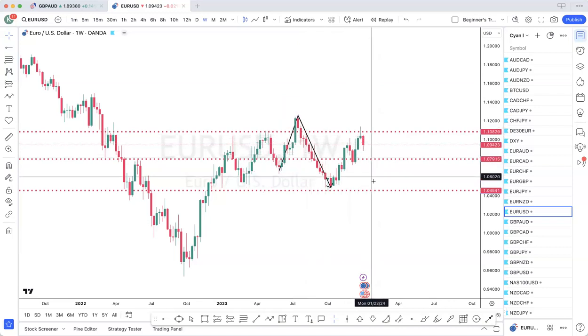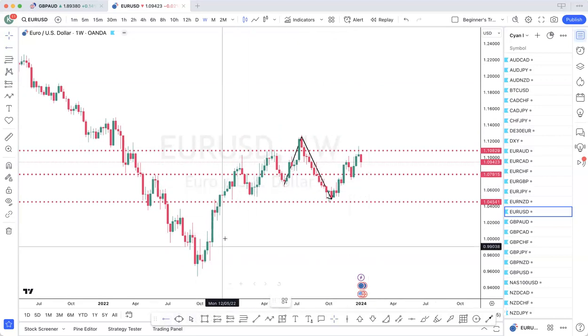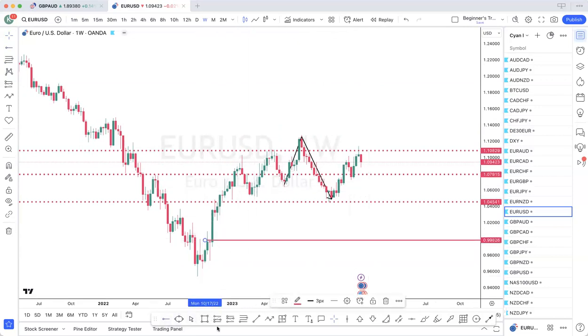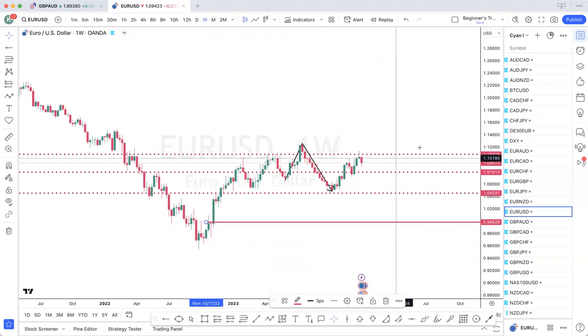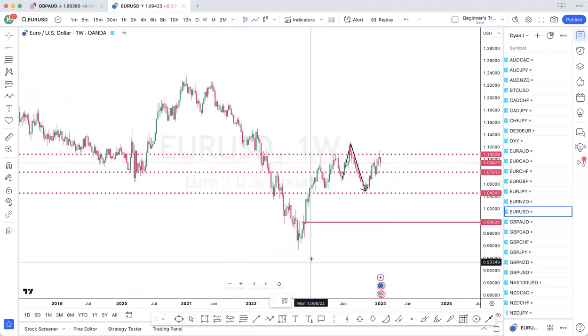So price could be pushing down to this level here, this zone here, to possibly either start buying to the top side or continue selling to these lows.